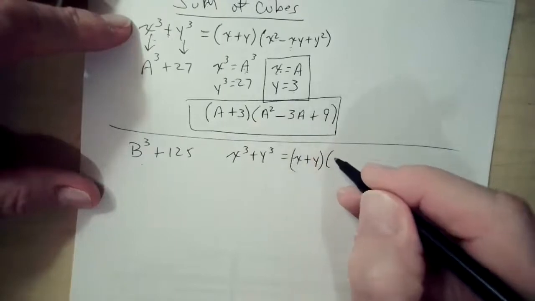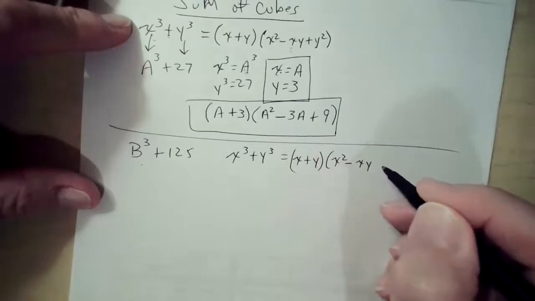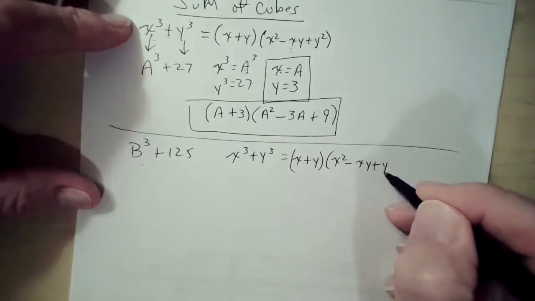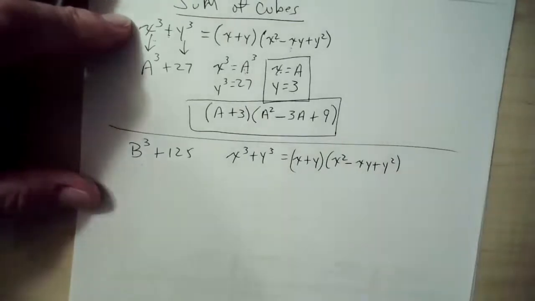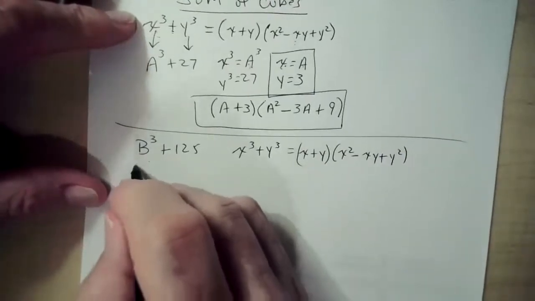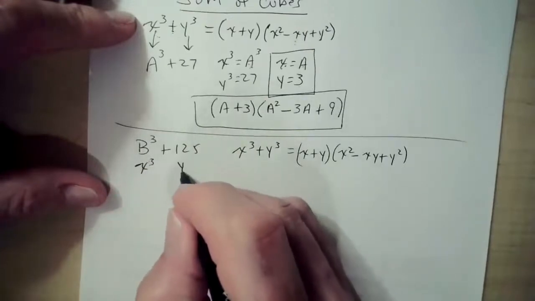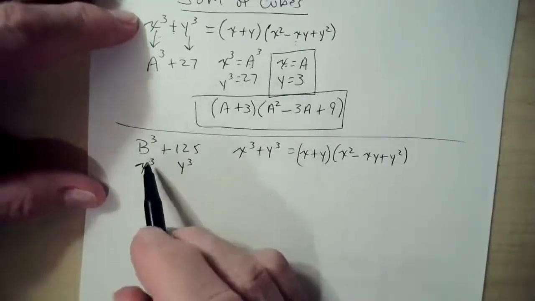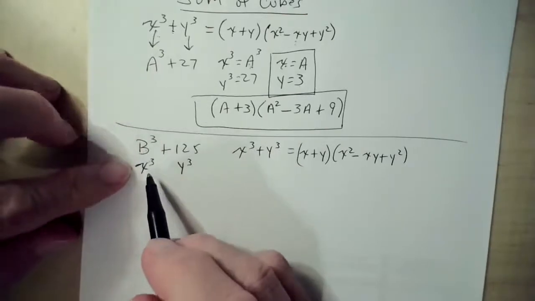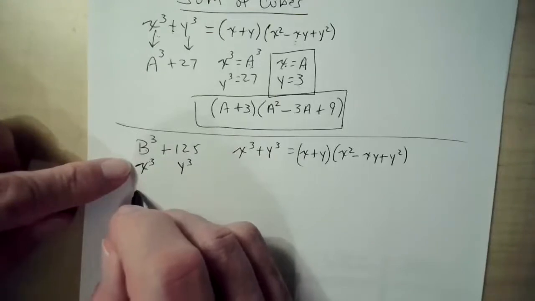x cubed plus y cubed equals x plus y times x squared minus xy plus y squared. So this is our x cubed, and this is our y cubed.